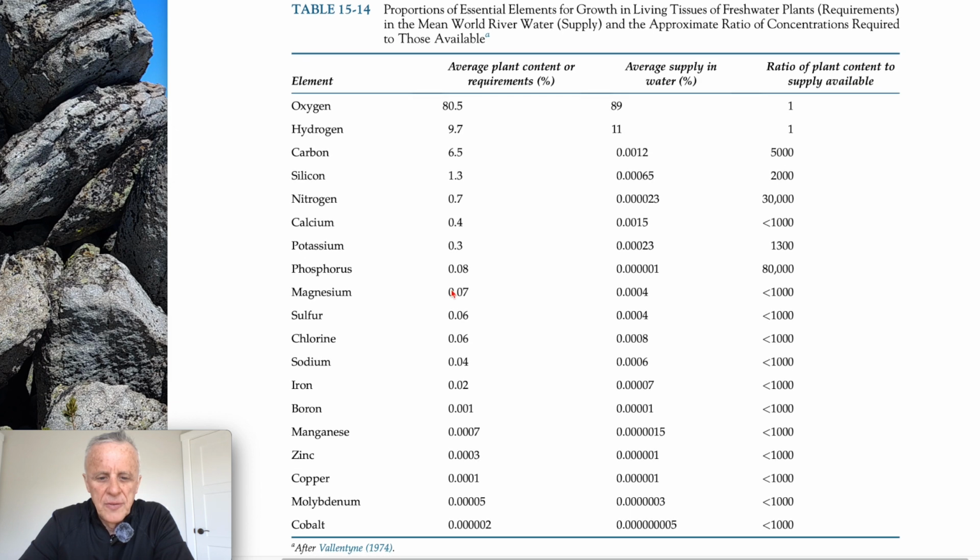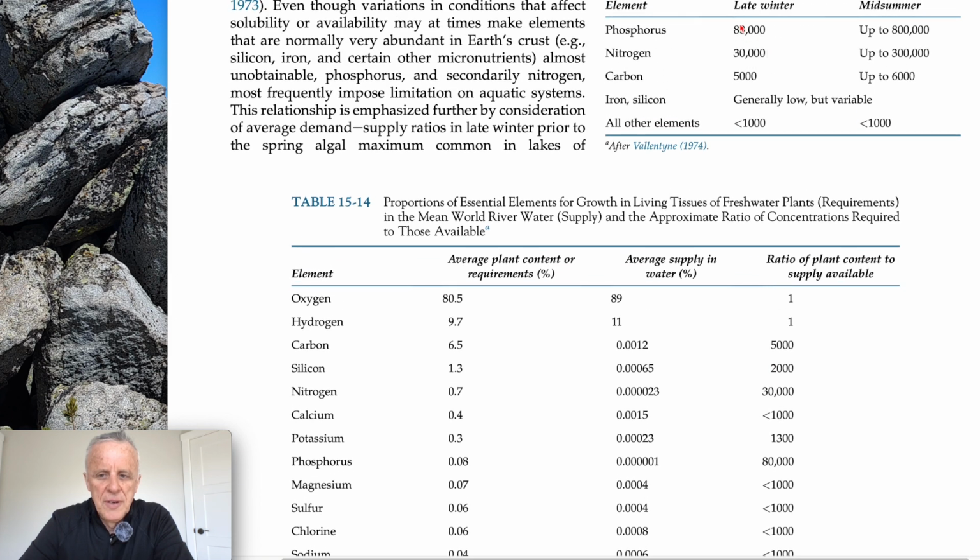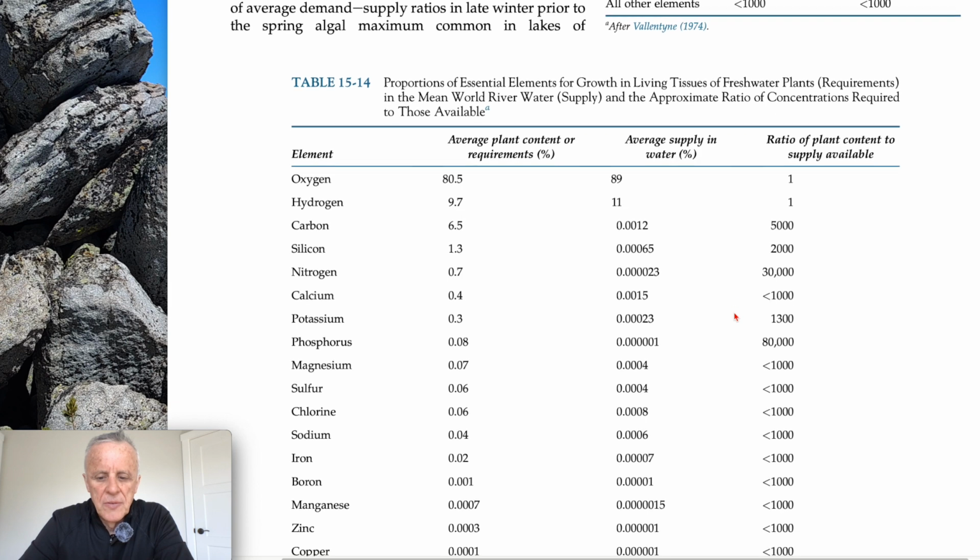So let's look at phosphorus. So phosphorus, we have a pretty low value in the tissues at 0.08, but we have even lower values in the water supply, and then we have a demand here of 80,000 for phosphorus, which we found here in late winter, by the way. It's kind of correlated, it appears.